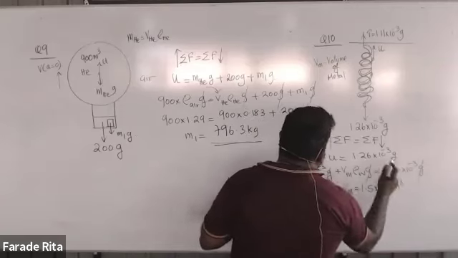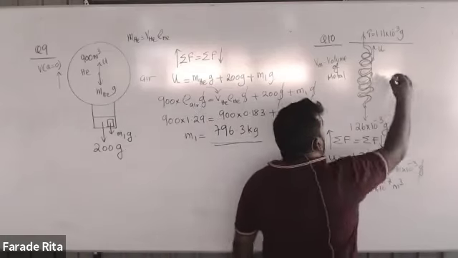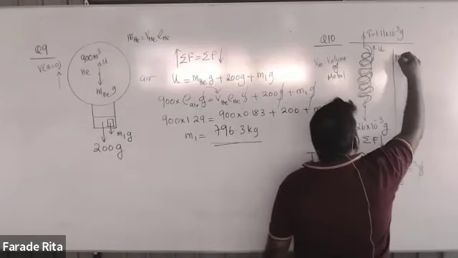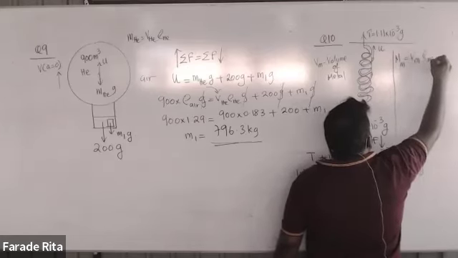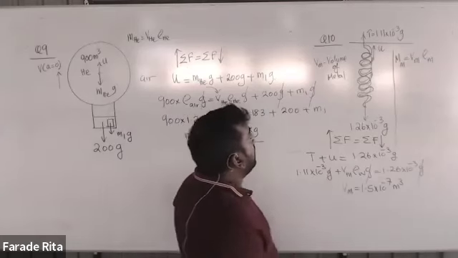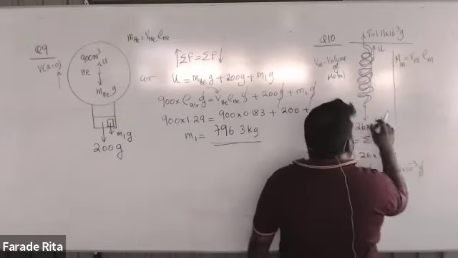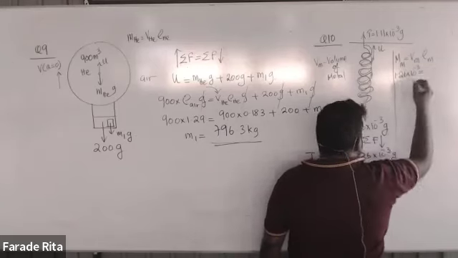That's not the objective. But once you know the volume of the metal, you can make a small connection. Mass of the metal is volume of metal, density of metal. For the weight, the volume only is important. Mass of the metal is 1.26, 10 to the power minus 3 kilogram.